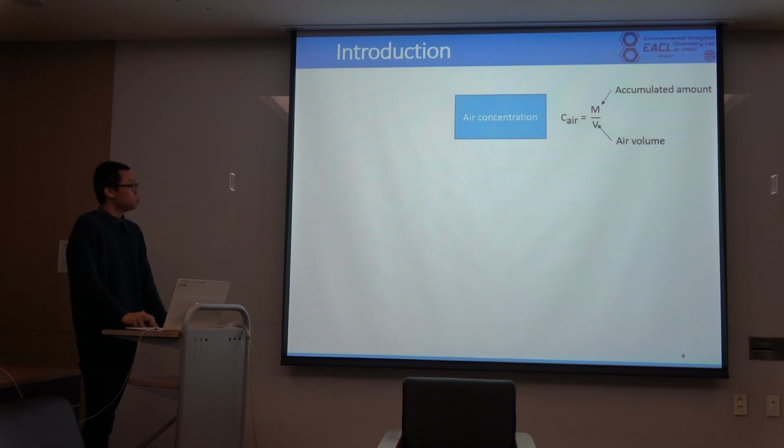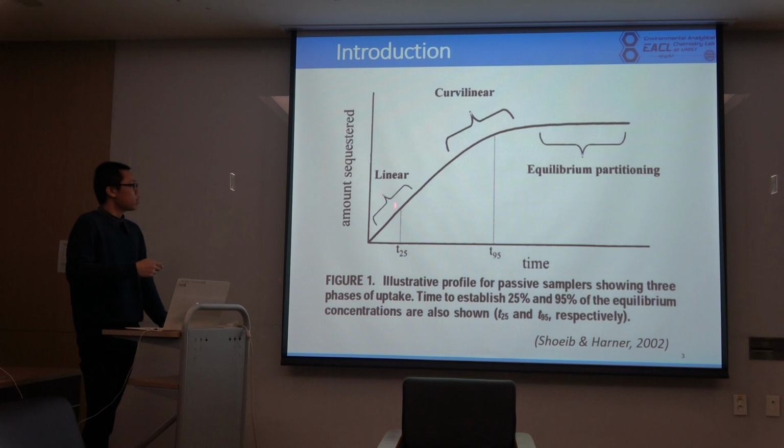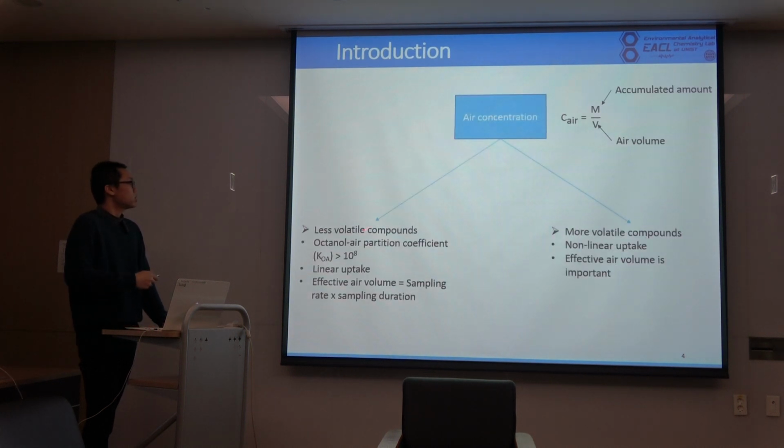However, we have two cases here. The first one is the linear phase uptake, and the second case is the non-linear phase uptake. For the less volatile compounds, or those with high molecular weight, the uptake phase will be linear, and the effective air volume can be simply calculated as the product of sampling rate and sampling duration.